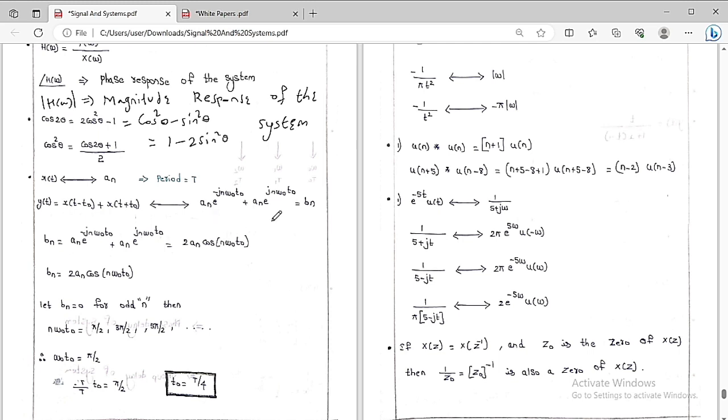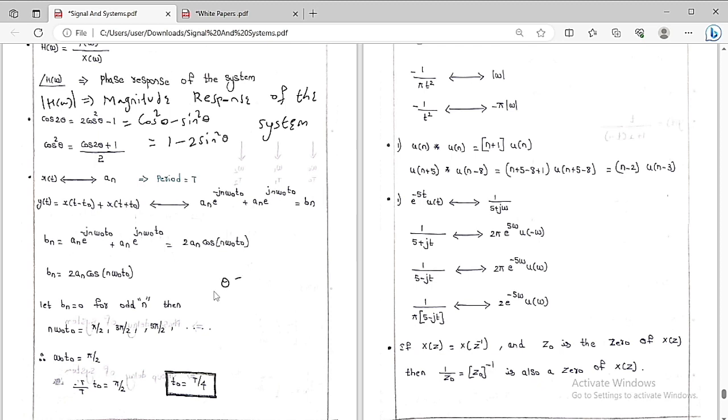So if you simplify, finally we are going to get 2 an cos of n omega naught t naught. And in the question, suppose bn is equal to 0 for odd values of n, I have already told you the cos function is equal to 0 for theta equal to (2k plus 1) pi by 2, for odd integers, where k is an integer. So what are you going to get? I have already told you, therefore n omega naught t naught.